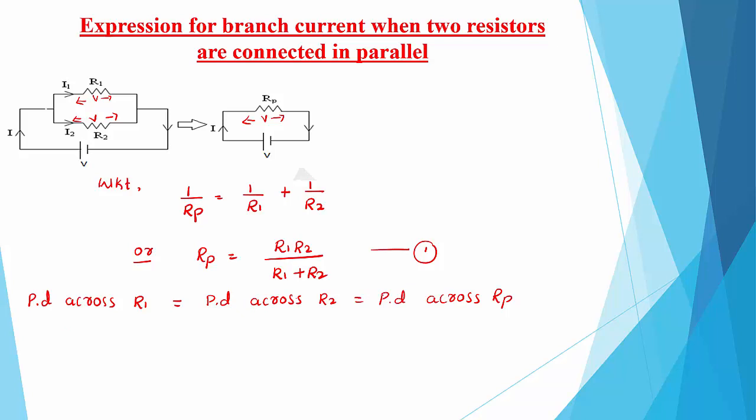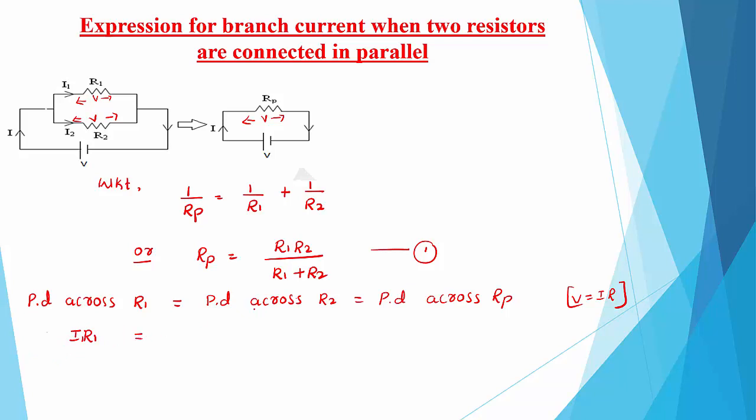Now according to Ohm's law, we know V equal to IR. We can use this equation here. The potential difference across R1, denoted by V: V1 equal to I1 R1.